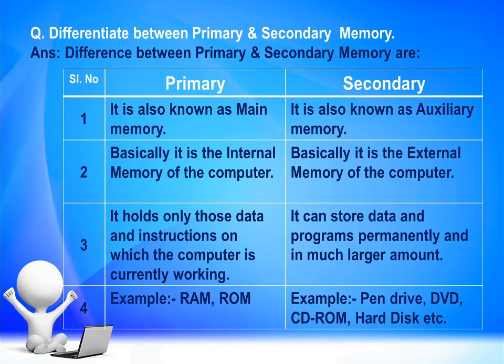Basically, primary memory is the internal memory of the computer, whereas the secondary memory is the external memory of the computer.